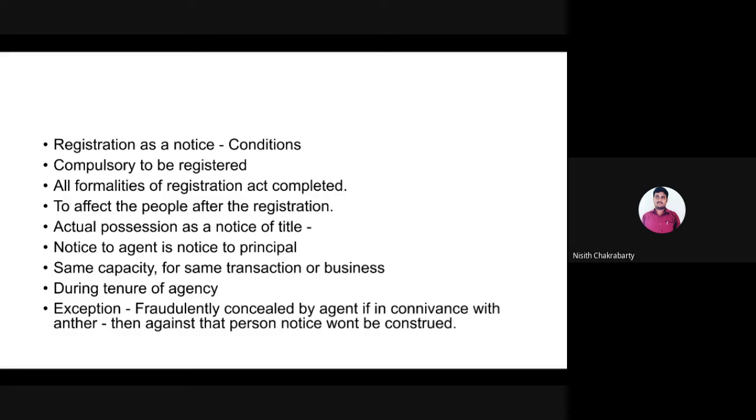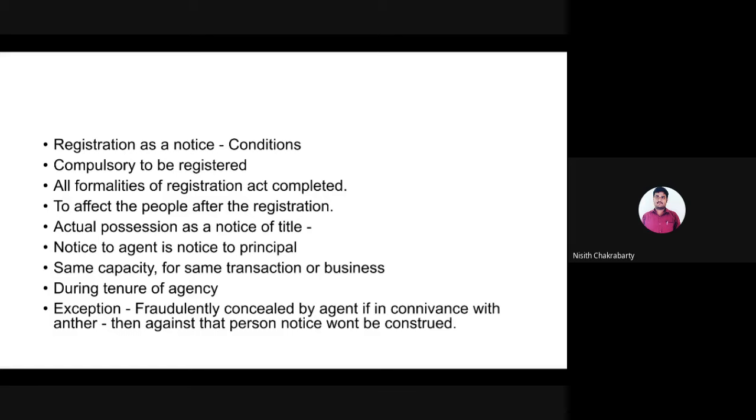If something is registered, it will be deemed as if the person concerned has notice of that, because there are conditions that have to be fulfilled in order for a registration to be a notice.